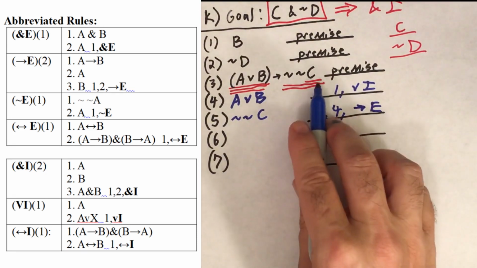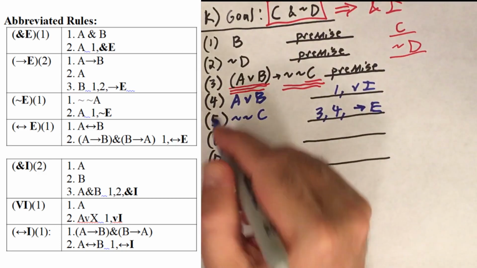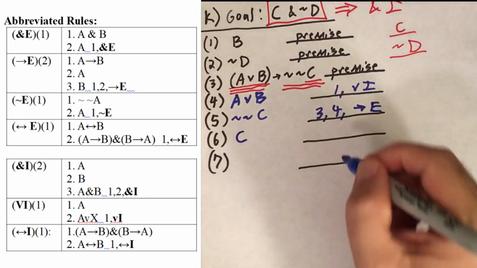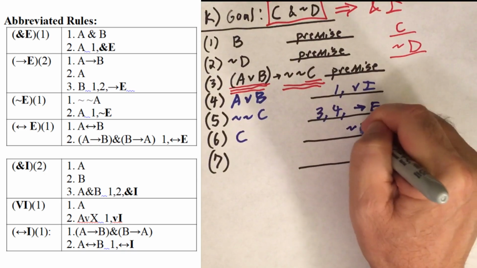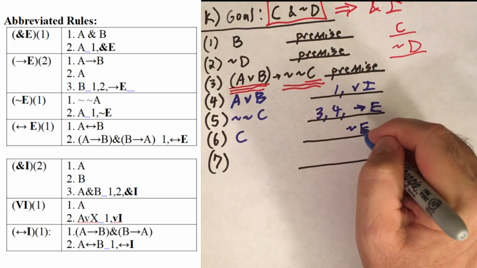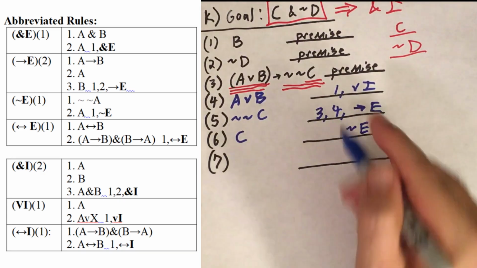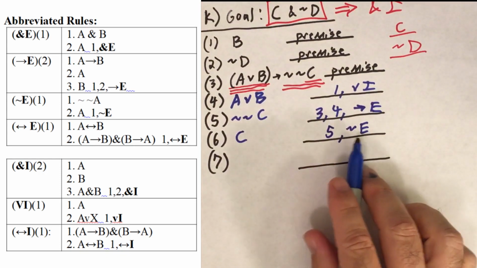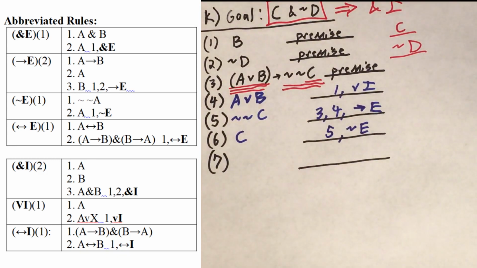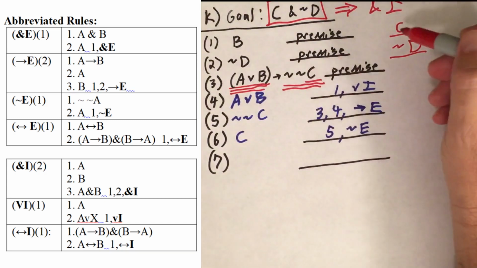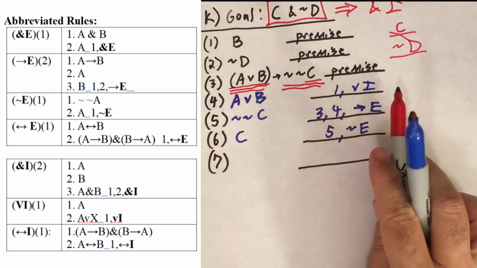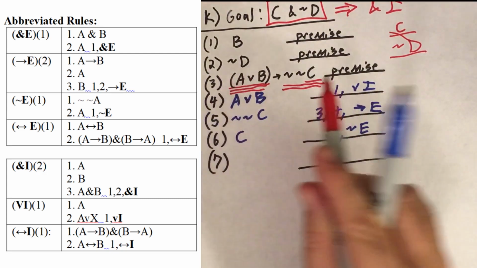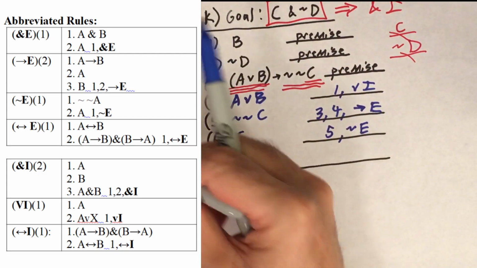I have that. So now can I get C? Super easy. C is true because I can take off the double negation. That is simply a negation elimination rule using line 5. Double check. Yes, just one line of justification. So I have my subgoal, C. Do I have my other subgoal? It's already there. Negative D is ready for me.